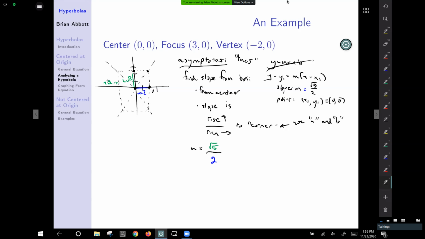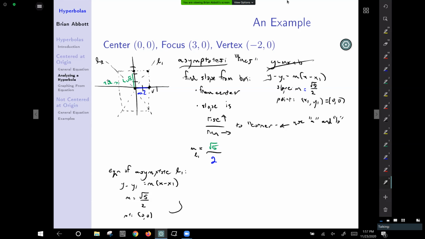And to come up with the equation of this line, let's label this asymptote L1, and we'll label this one over here L2. So m sub L1 is the slope for L1. The equation of asymptote L1 is going to be y minus y1 equals m times x minus x1. We calculated m as root 5 over 2, and our point is 0, 0.